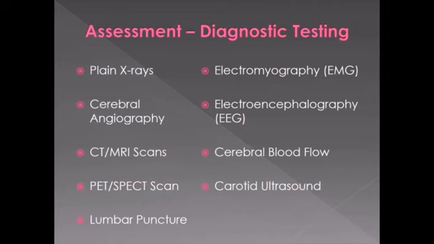EEG is used with seizures too, but the EEG and cerebral blood flow are often used when evaluating brain function in somebody who may have sustained a head injury. And then, of course, carotid ultrasound, and that's more to assess the patency or potential blockage of the carotid arteries, mainly as an evaluation of a risk factor for stroke.